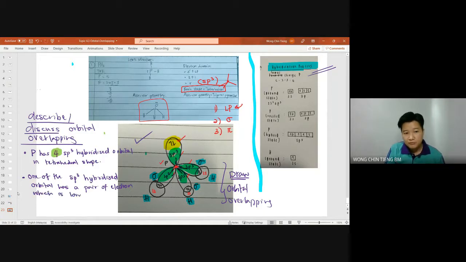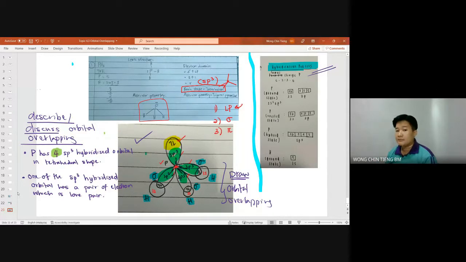Bagi tahu lone pair dulu. Okay. How you draw? Kamu mula dengan central atom. Lepas tu kamu tentukan lone pair. Itulah kamu buat. Okay. And then kita buat sigma, betul?